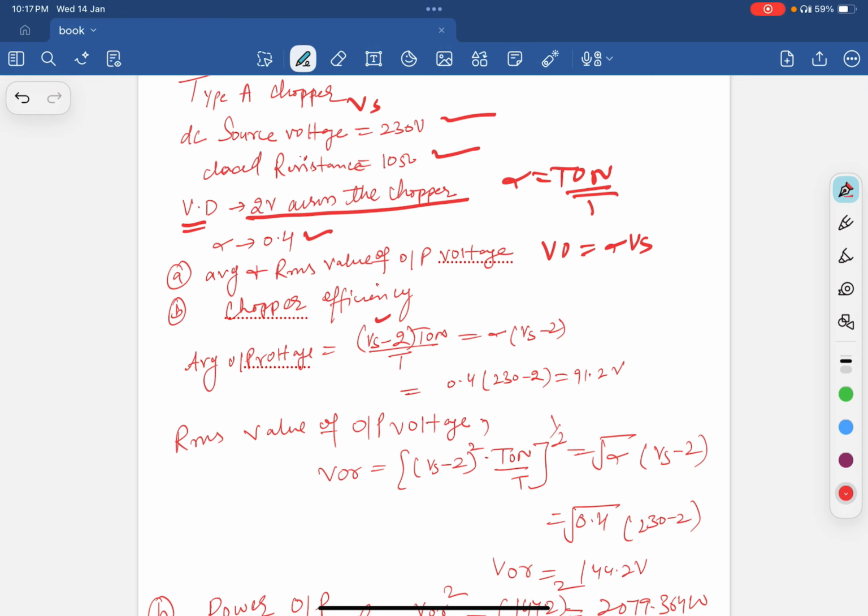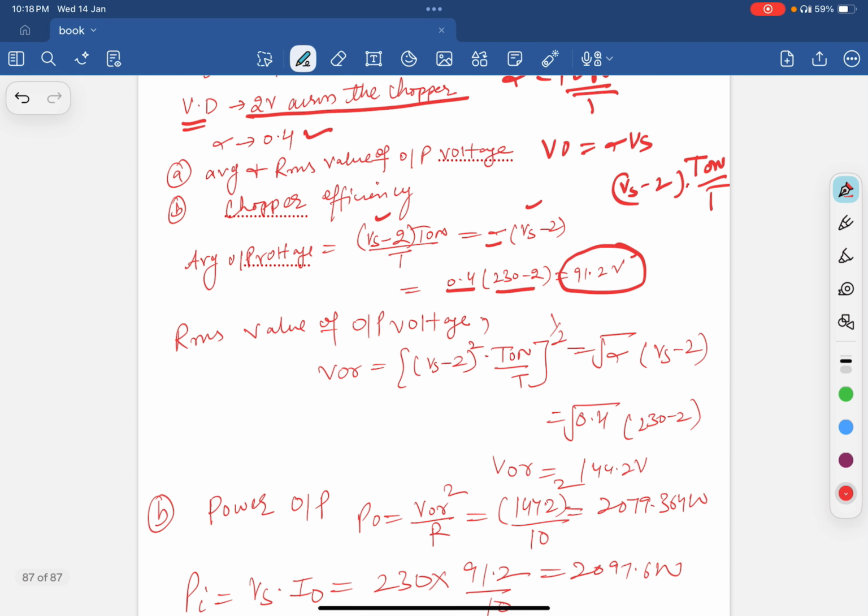With alpha 0.4 and 230 minus the drop, we get the average output voltage of 91.2 volt.